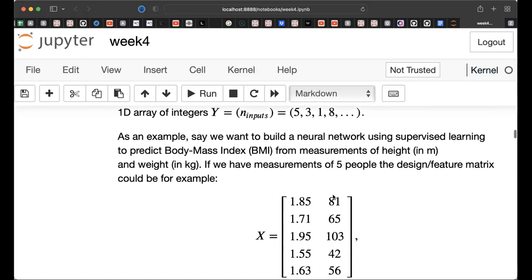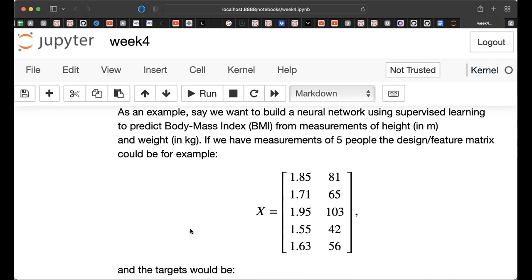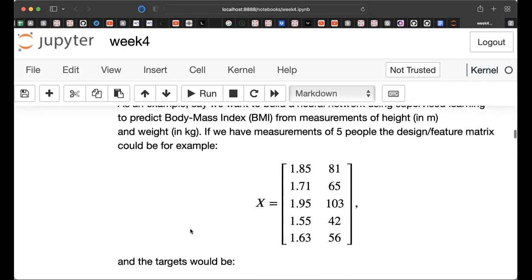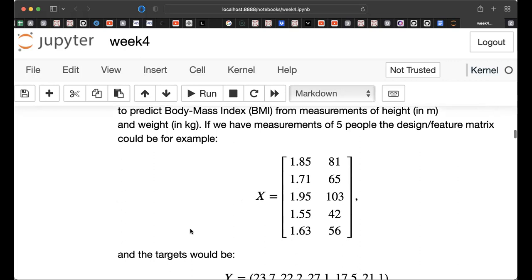So numbers like 5, 3, and so on. To give you a simple example, suppose you want to have a neural network which finds out, based on input data of weights and heights of persons, the body mass index. So the typical input matrix, or the so-called design matrix, would be a matrix which contains, in this specific case, 5 people, so there are 5 rows, and each feature is given by the height in meters and the weight in kilograms.